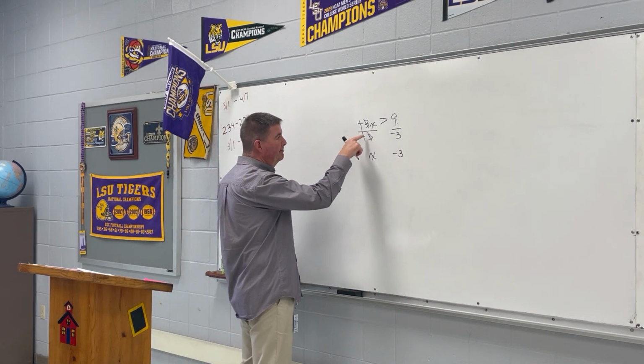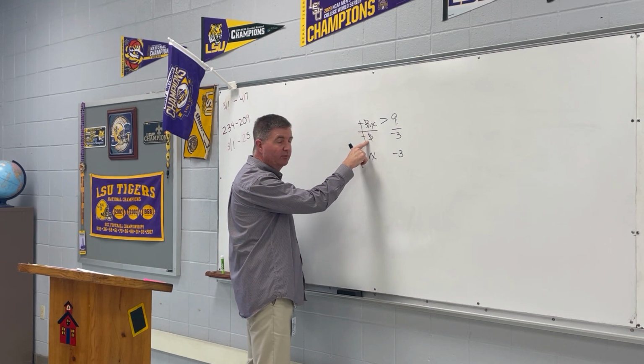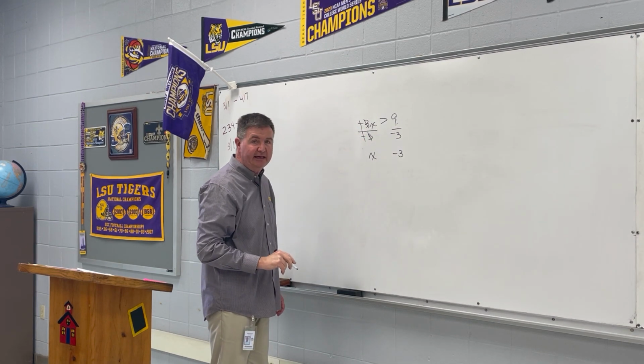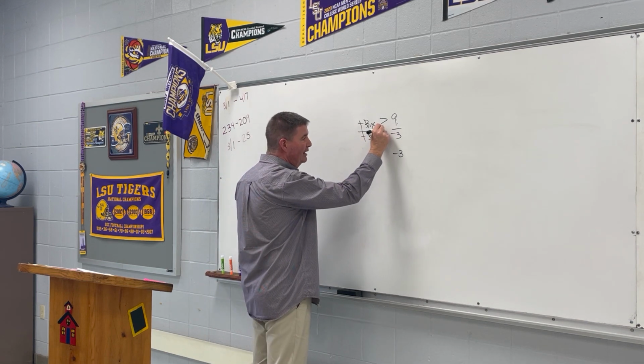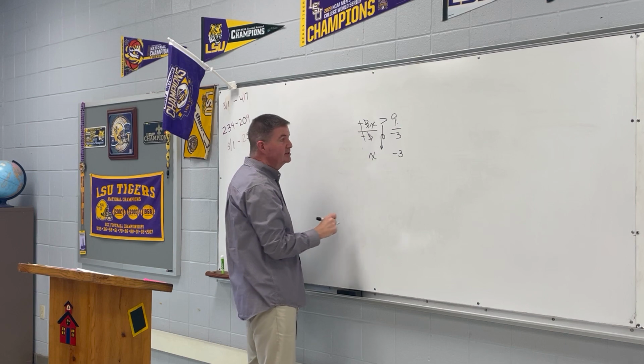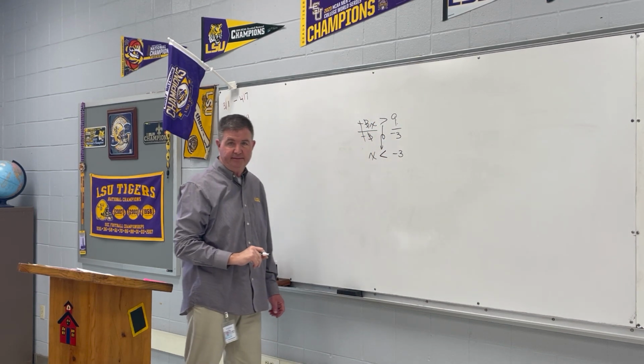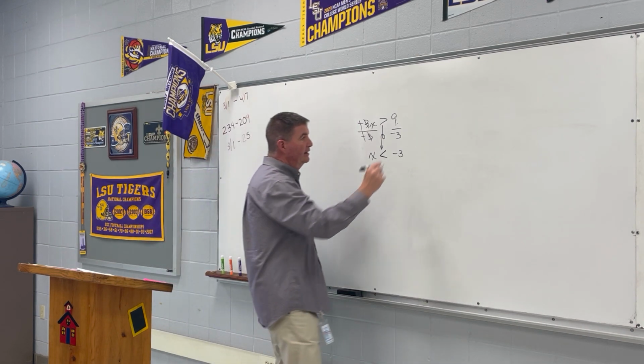However, when multiplying or dividing by a negative number, the inequality sign switches. So instead of it being greater than, it now becomes less than. So make a note of that.